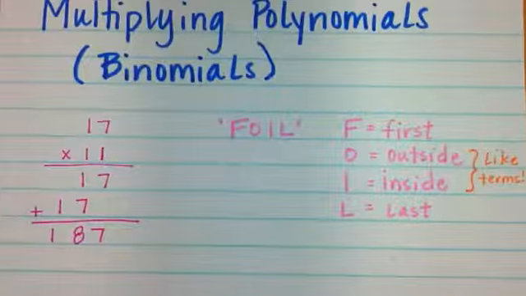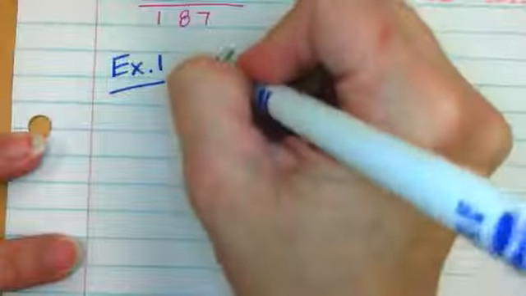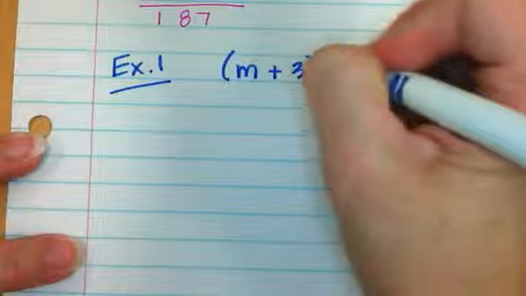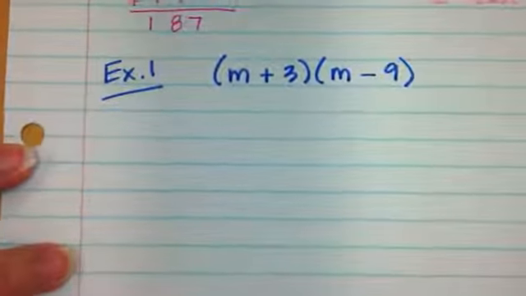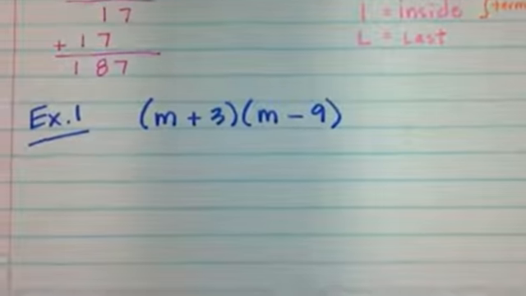All right, so here we go. Let's try one. For example 1, let's say we're multiplying m plus 3 times m minus 9. We're going to use our FOIL.